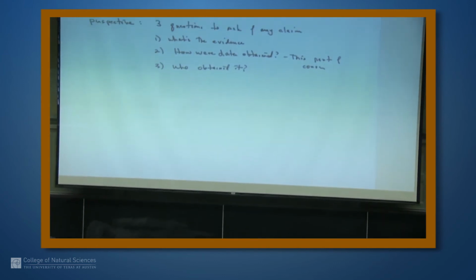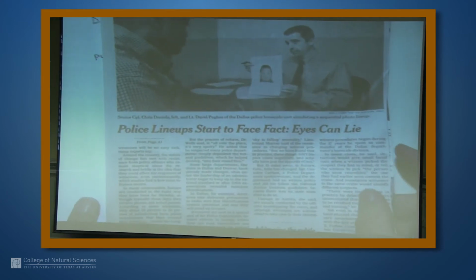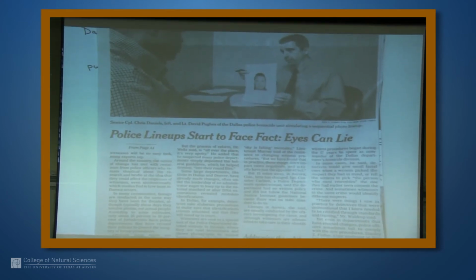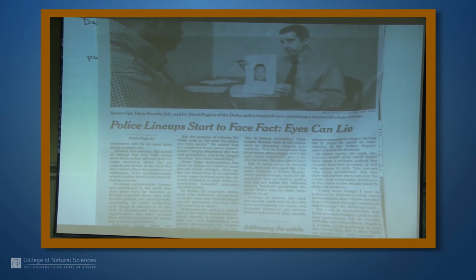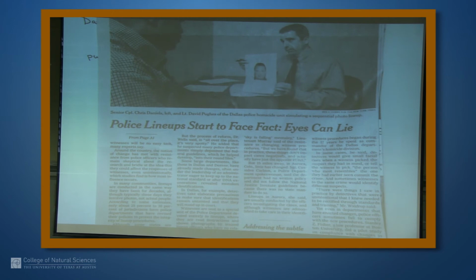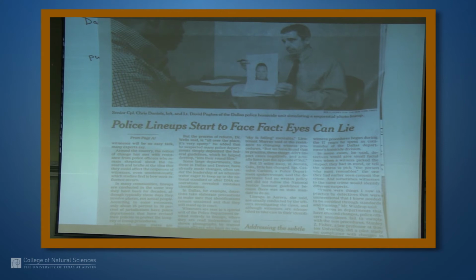This is actually a national issue. The main things I have headlines of are forensic cases, but over the last 5 or 10 years, there's been a much increased realization that the way we've done lineups is seriously flawed.